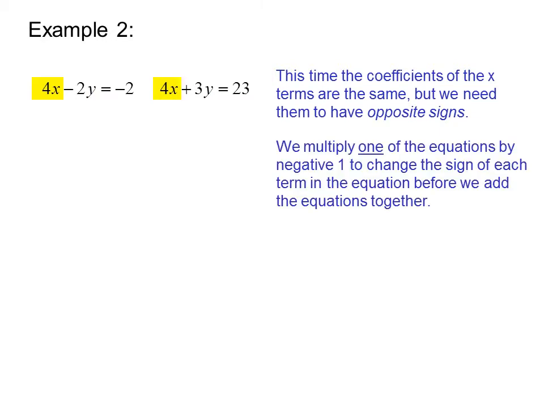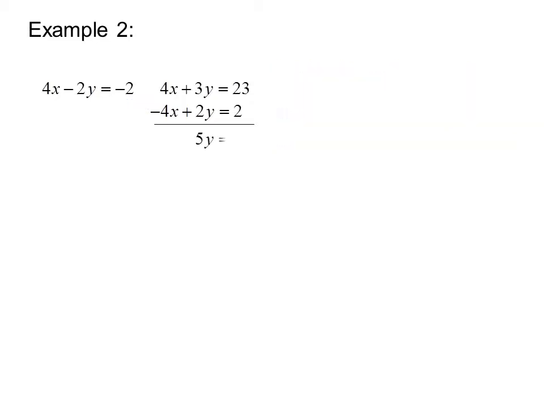We multiply one of the equations by negative 1 to change the sign of each term in the equation before we add the equations together. So now the first equation becomes negative 4x plus 2y equals positive 2. We add the equations together and get 5y equals 25. Then dividing by 5, we get y equals 5.